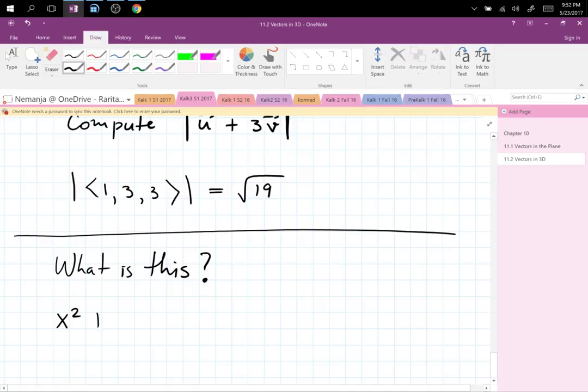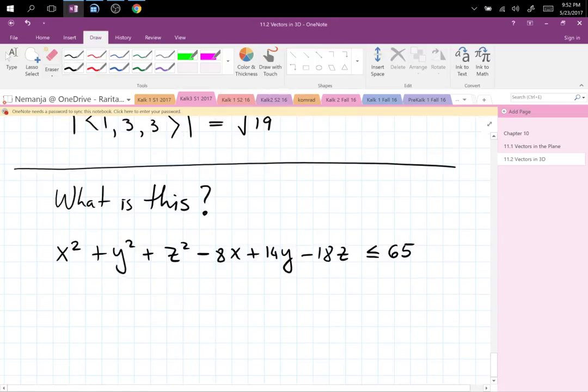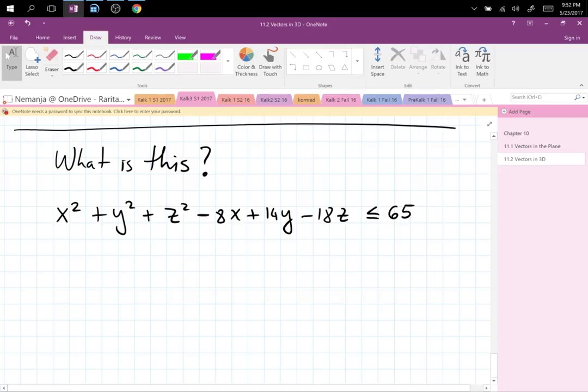X squared plus y squared plus z squared minus 8x plus 14y minus 18z less or equal than 65. It's an inequality. Sorry, oops. Larger or equal than 65. This is problem 36 in the textbook.